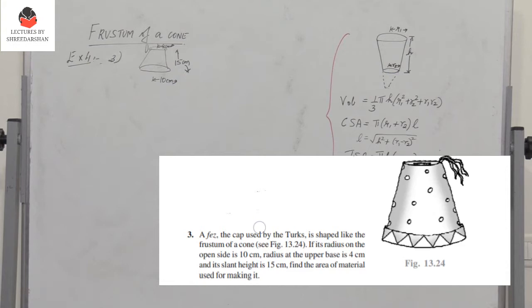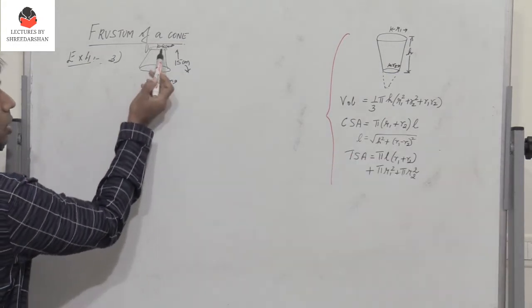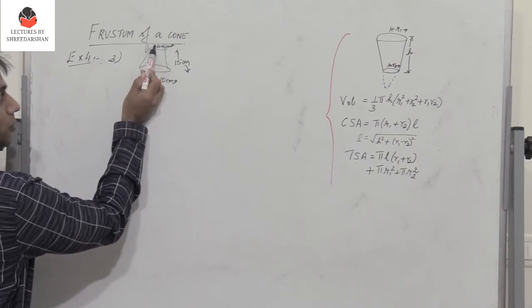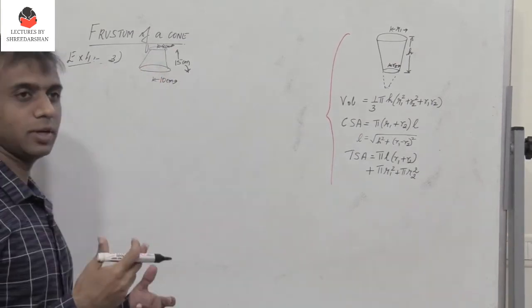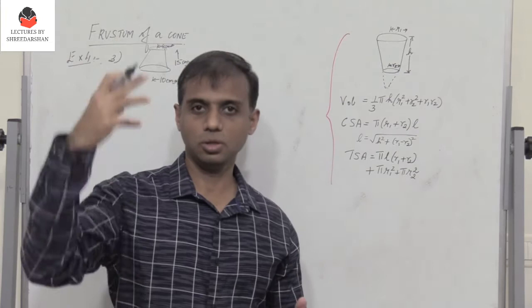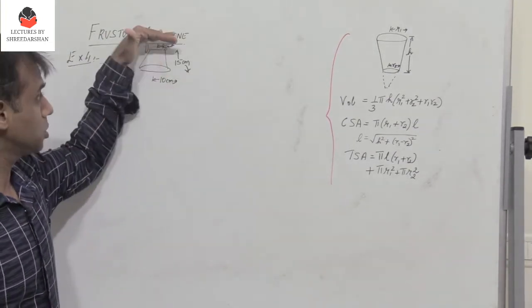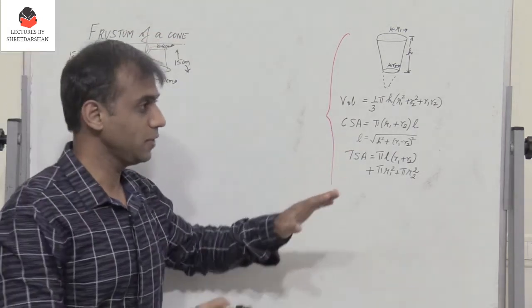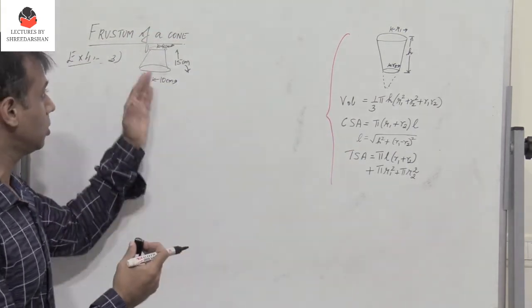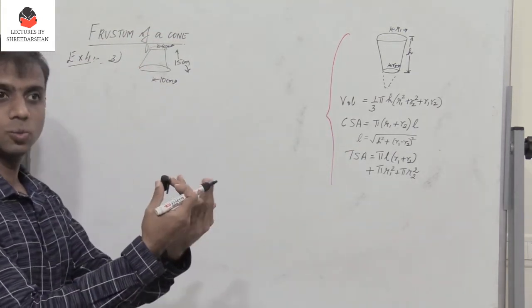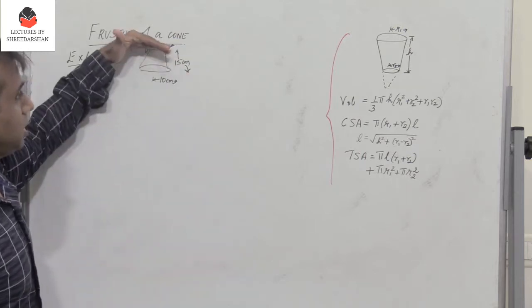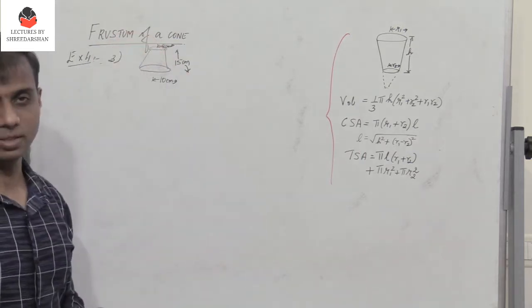So we need to find the area. To find the area, I have to find the curved surface area and also the area of the upper base, because when you have a cap and you put it on your head, isn't it? The bottom portion is open whereas the top portion is closed. So the curved surface area will only give me the area of the frustum of the cone, which is curved, plus I need to add the upper base area.